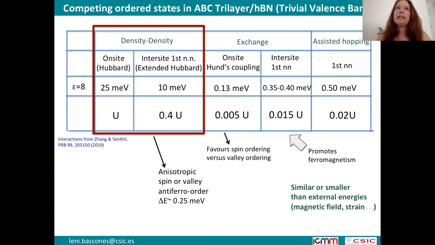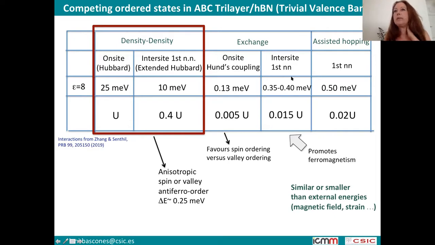Before I have said that these terms are the most important ones, the density terms, and with these effective Hubbard models, we have found that there is this kind of antiferro order, spin or valley. Now, we have seen that there are other terms here, and if we compare the difference in energy, we expect, for example, that the on-site Hund's coupling that Chimiao and co-workers were introducing will favor spin ordering versus the valley ordering here.